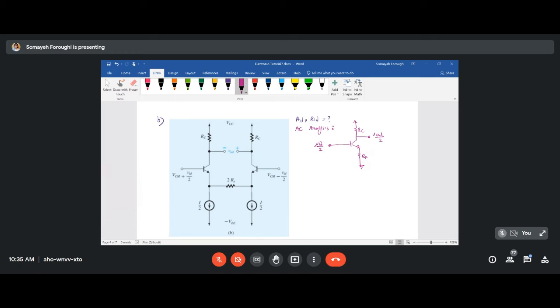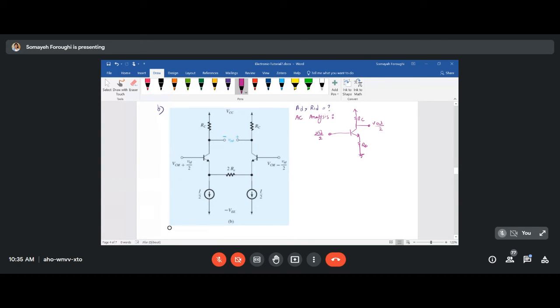Let's continue with our AC analysis and find the current of base, emitter, and collector. If I continue here, I will have VID over 2 passing here. I have RC to RE. I'm going to name these Q1 and Q2.